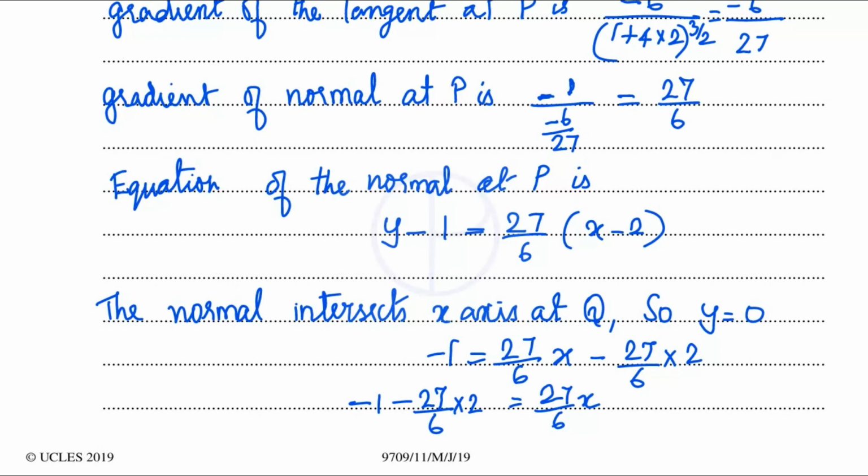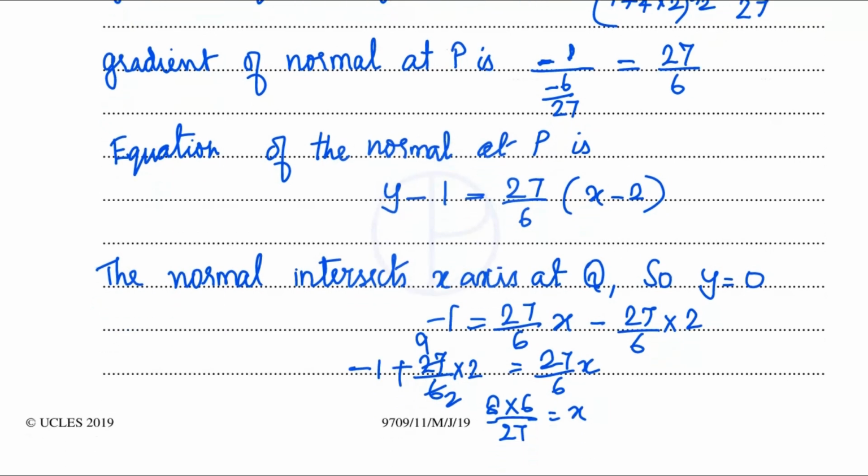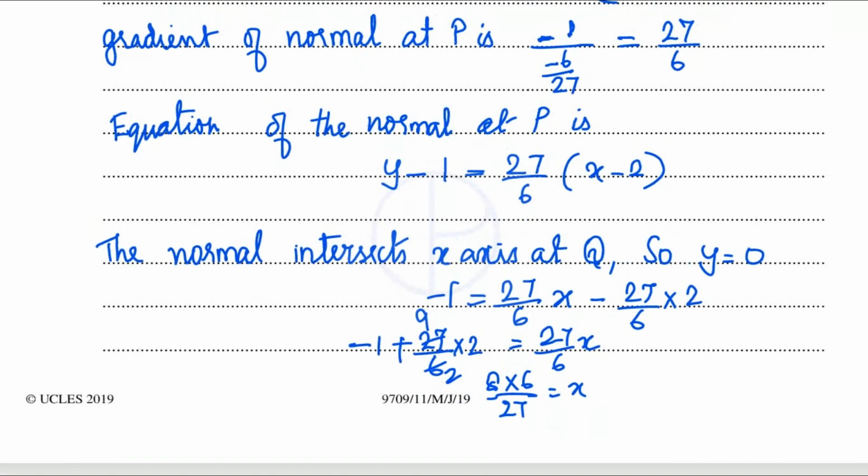Okay, so this is positive. Okay, negative 1 plus 9 will give 8. So 8 multiplied by 6 divided by 27 is x. So what is x?